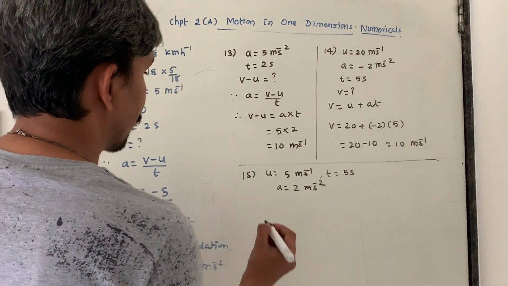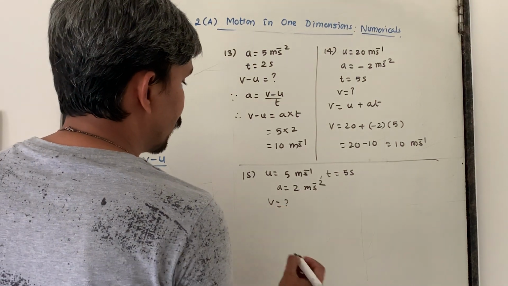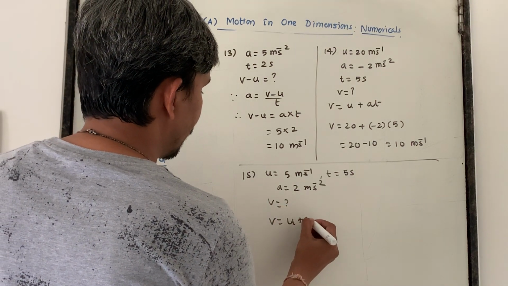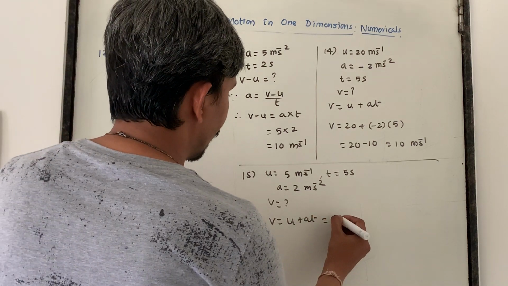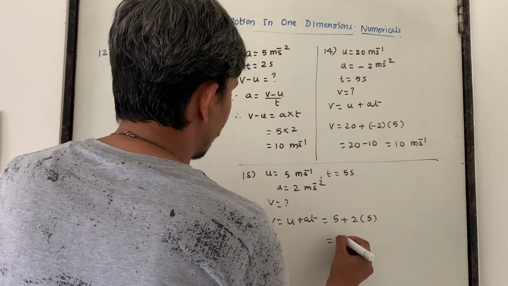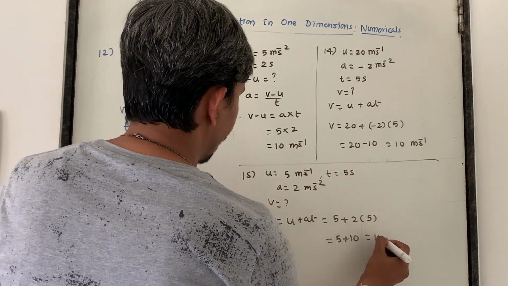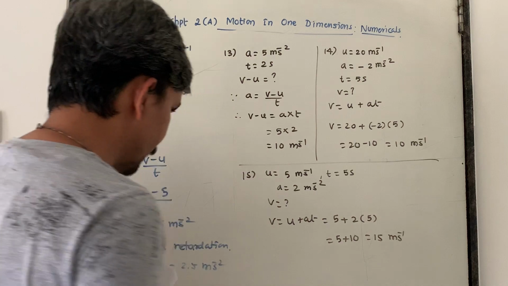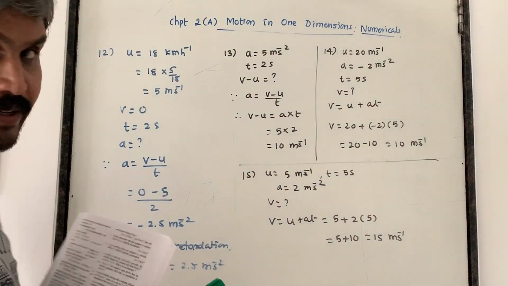What will be the final velocity? V they want. So we write here v is equal to u plus at. So u is 5 plus a which is 2 into t which is 5. This is 5 plus 10, which is 15 meter per second. And this is about the 15th.